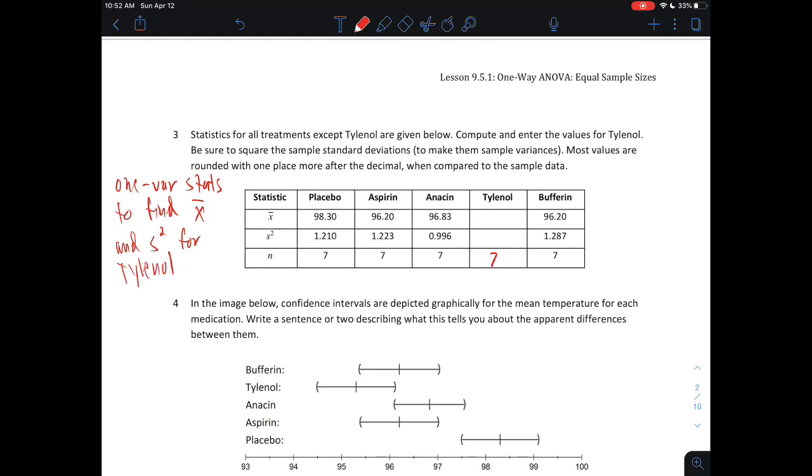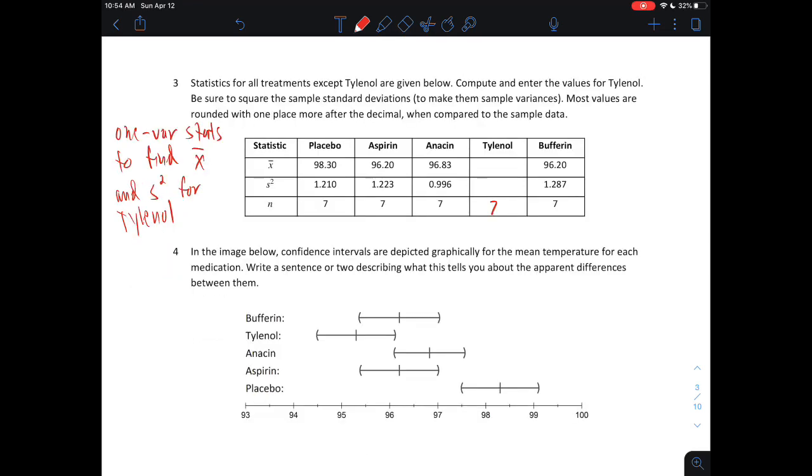So when you do that, you're going to get the following things from one variable statistics. For the mean for Tylenol, I get x bar equal to 95.3. And then for the sample standard deviation, I get 1.106, but we need the sample standard deviation squared. So I'm actually going to write a couple more decimal places. That's what S is.